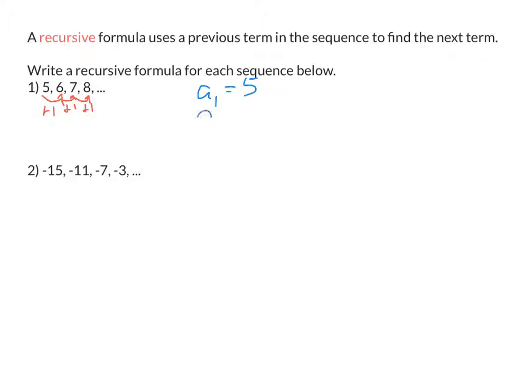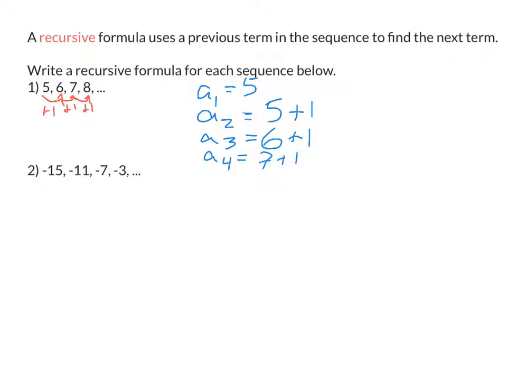Now to find a sub 2, I can take my previous term 5 and add 1 to it to get 6. To find a sub 3, I can take my previous term 6 and add 1 to it. For a sub 4, I could take my previous term 7 and add 1 to it.